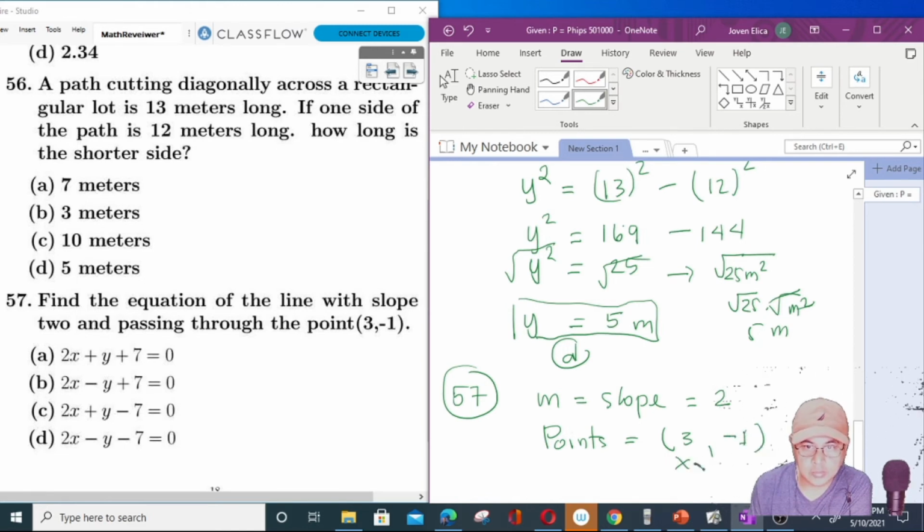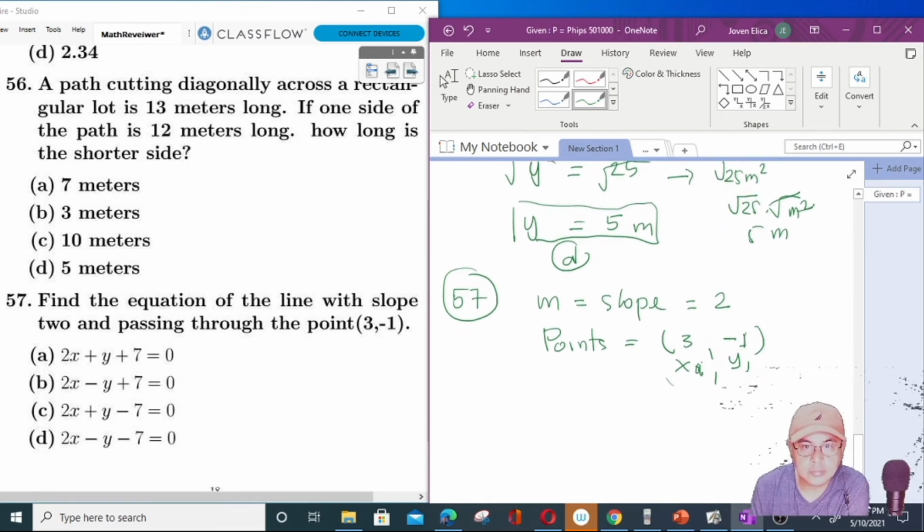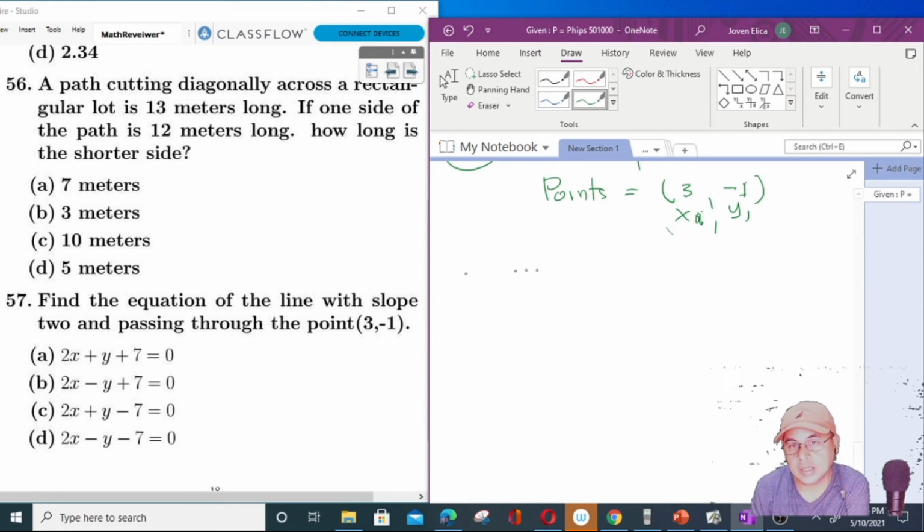We call it x1 and y1. Alright, so we are asked to find the equation of the line. So using the formula, we have the equation of the line formula.